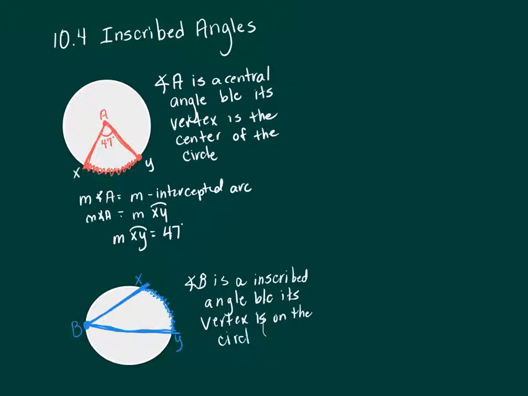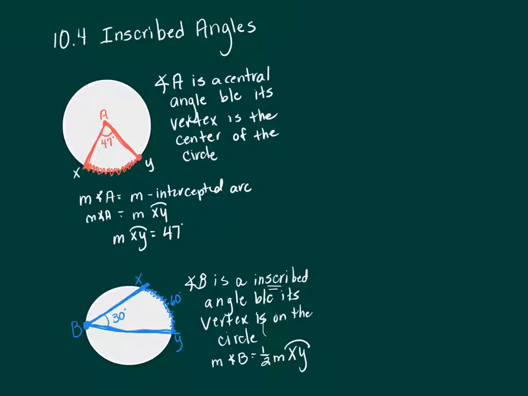And they have a relationship as well, the measure of the angle and the intercepted arc. The measure of the angle, when it's inscribed, is always going to be 1/2 the measure of the intercepted arc. So if my angle is 30 degrees, then my arc is 60 degrees.